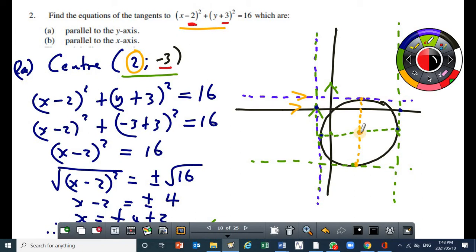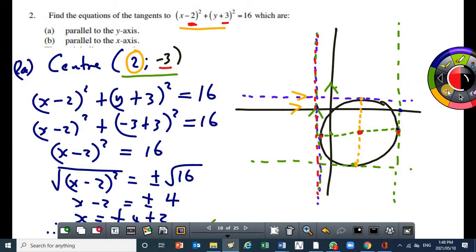So I drew the circle with the center that's in the fourth quadrant. Then, if you want to carry on here, you need to be aware that we can draw a tangent at this point here. That will look like that. We can also draw another tangent on the other side of the circumference, and that tangent is going to look like that.